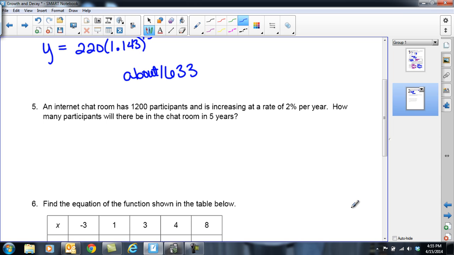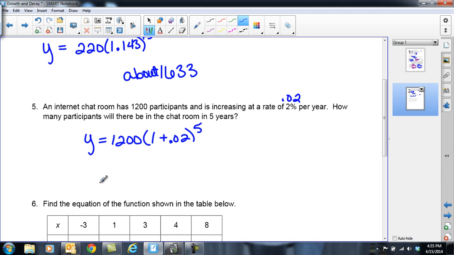Number 5 is the same kind of problem. Internet chat room has 1,200 participants and is increasing at a rate of 2% per year. How many will there be in 5 years? Well, starting amount is 1,200. It's an increase, so it's growth, so it's 1 plus 2%, which is 0.02.